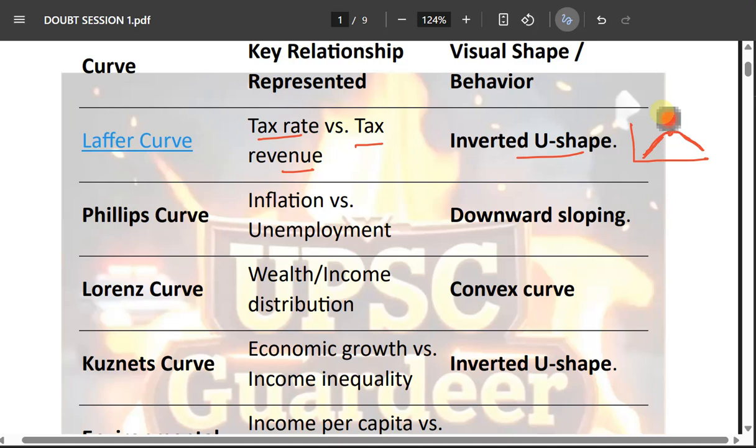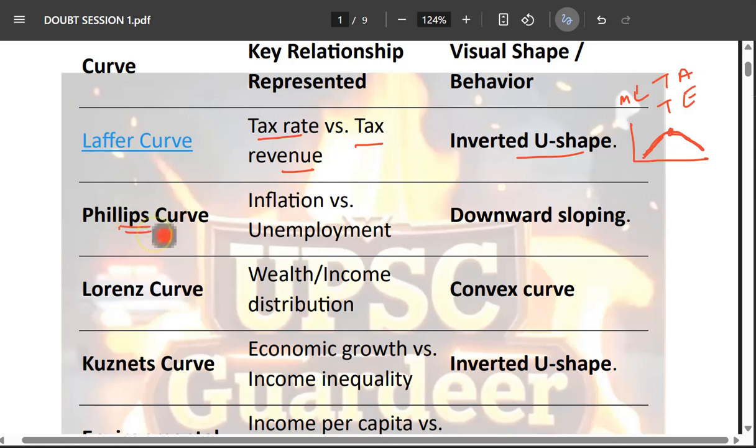So what will people do? They will do tax evasion, tax avoidance, and find loopholes for money laundering kinds of things. These illegal activities are carried out to avoid taxes, so the government starts to lose its revenue. So Laffer's curve shows the tax rate versus tax revenue, an inverted U-shaped curve.